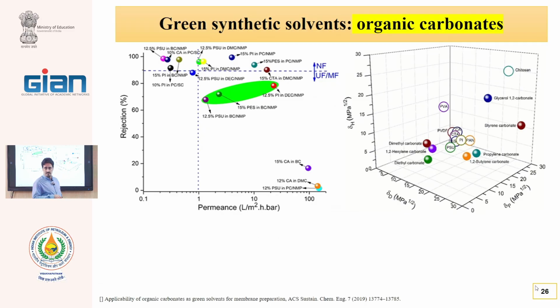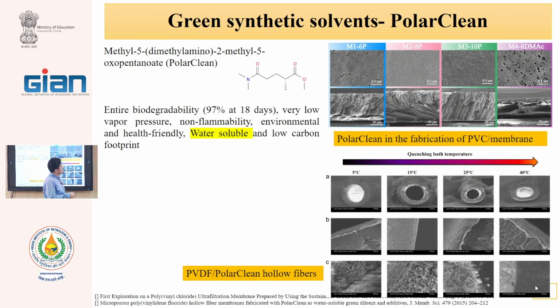With a change of solvents, this study prepared NF, UF, and MF membranes with polyethersulfone, PVDF, polysulfone, and polyacrylonitrile, and obtained these membranes.